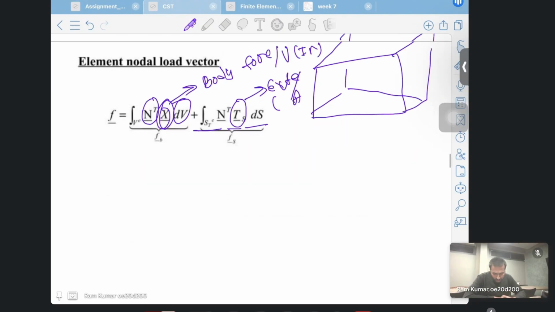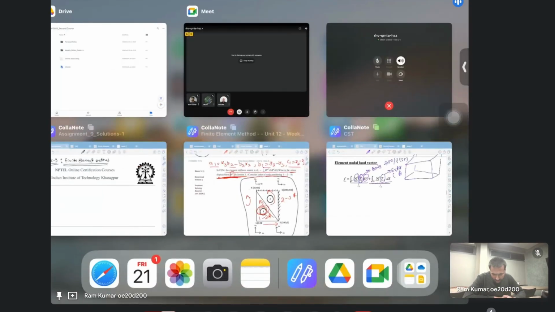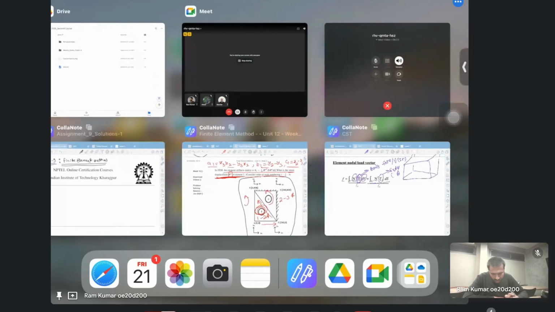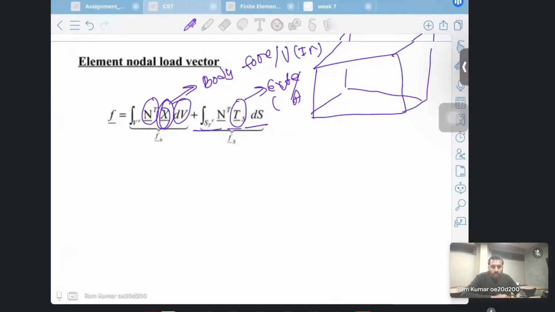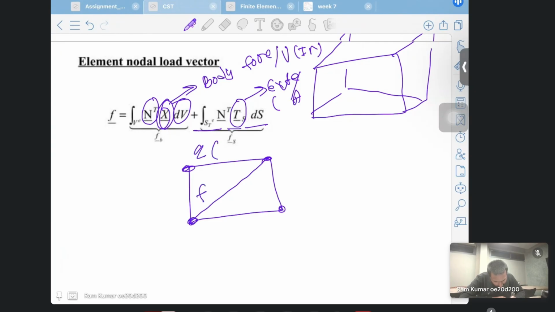According to your problem, where is your screenshot? I forgot. So according to your problem, you are having some F and Q. This is the flux per unit length for element 1 and element 2. We are having 2 elements, right?